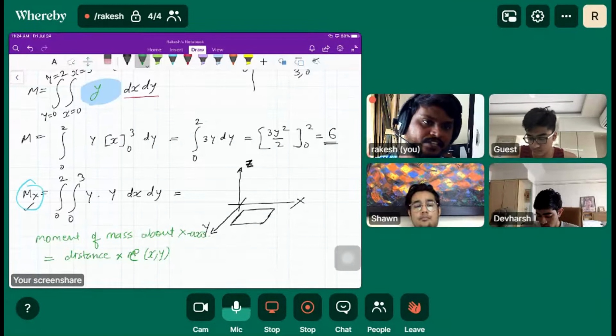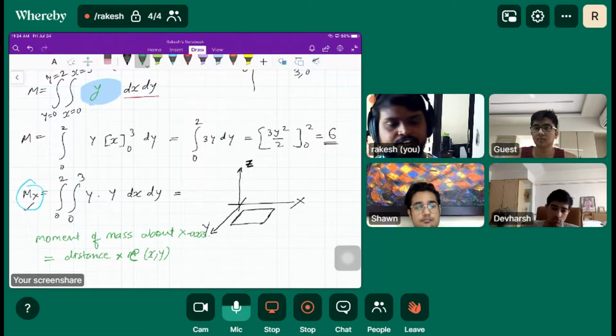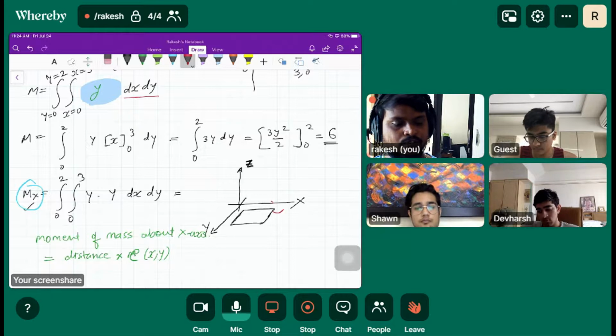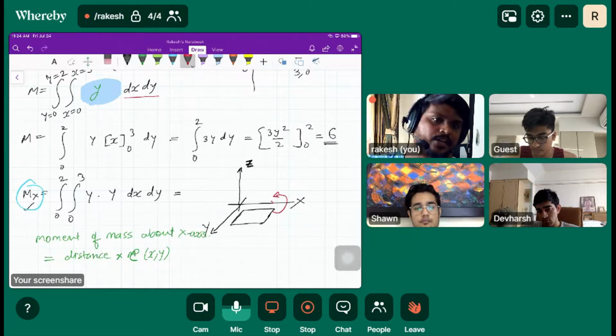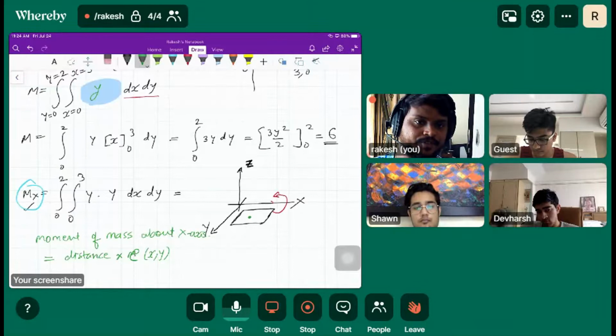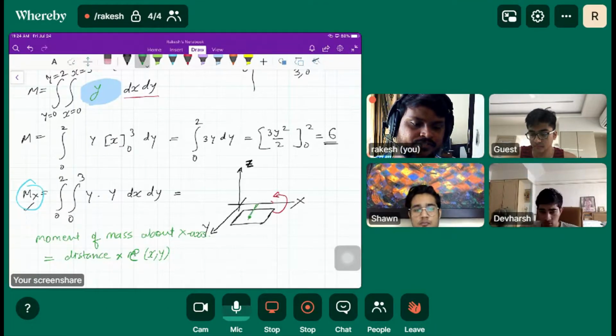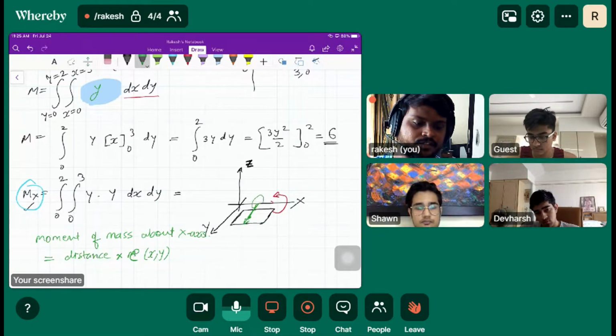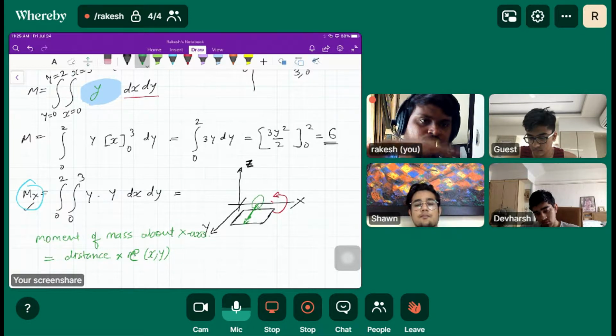If I have to rotate this lamina about the x-axis, and I take any point on this lamina, let's say this is the point, then along this y direction, the x value is constant. We are rotating the lamina here.